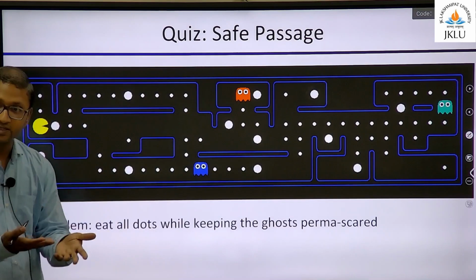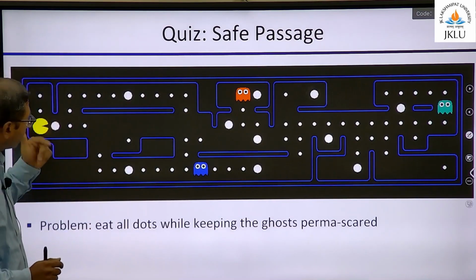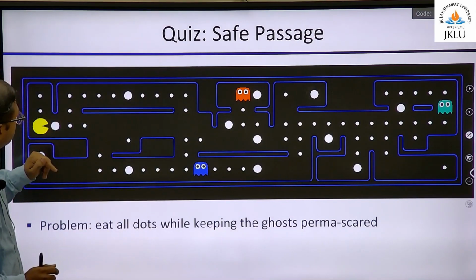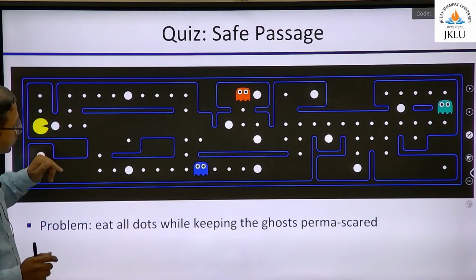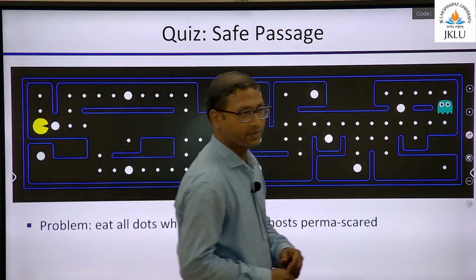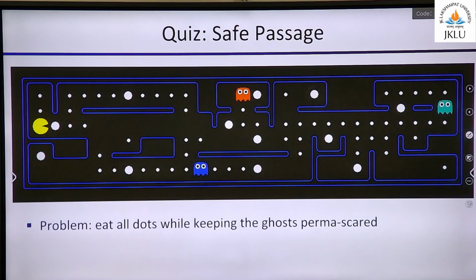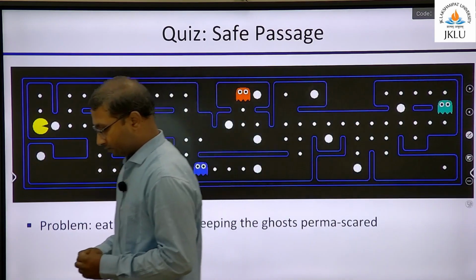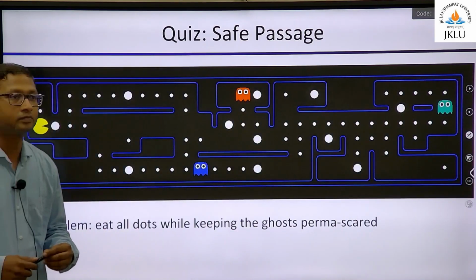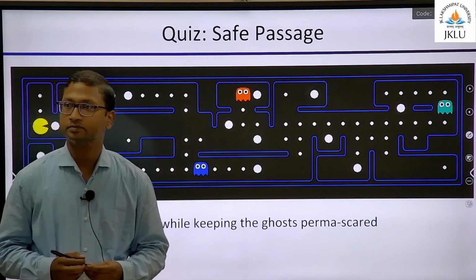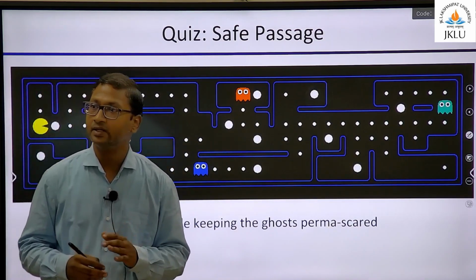So there is another constraint, right? So what does this mean, by the way? I mean, simple thing. Right, right. You have to make sure that you're eating all the dots and there is no moment when the ghosts are not scared. Exactly. Right? What does this mean again?